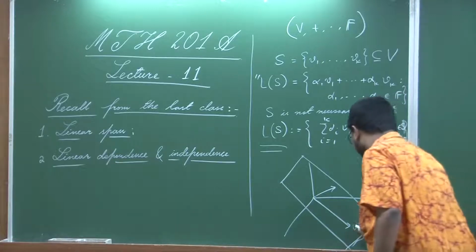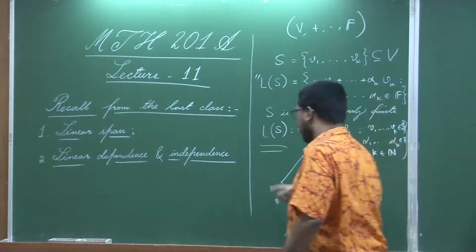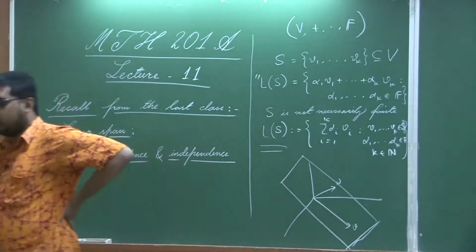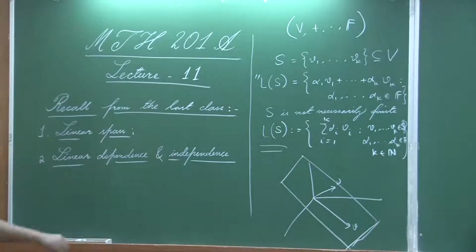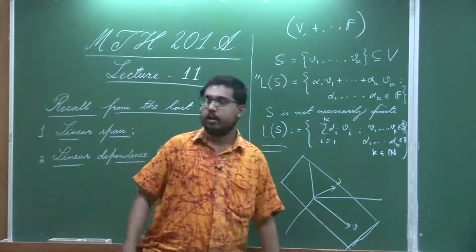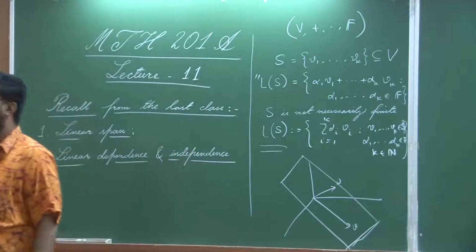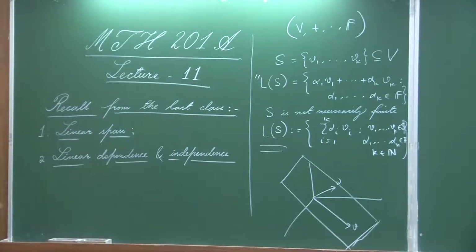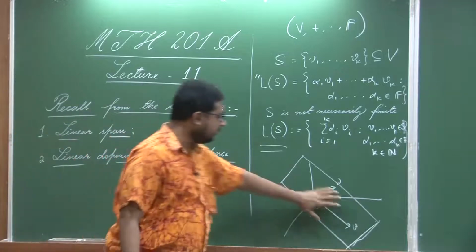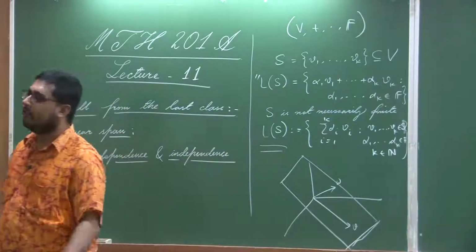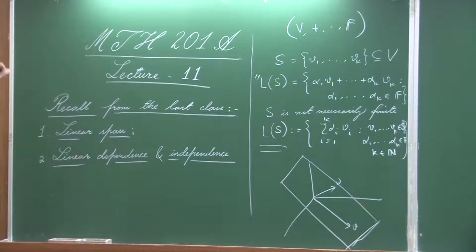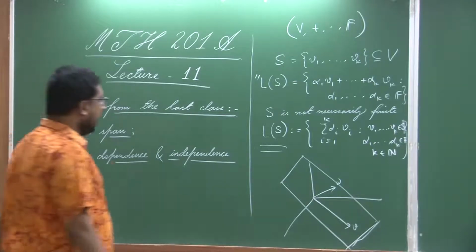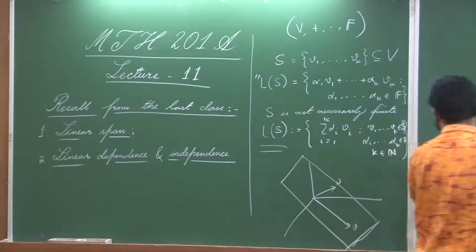So, given two vectors V and W, so far it is not quite clear what is going to be the equation of this plane, but let us be happy with this much for the time being. Later on we will see how to get the equation of this plane. Anyway, these are the examples that we have seen.